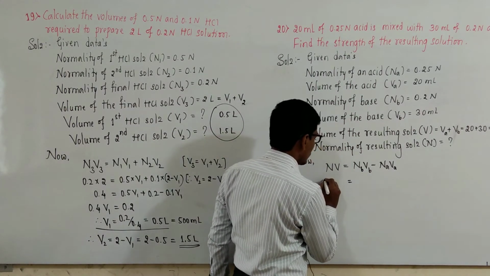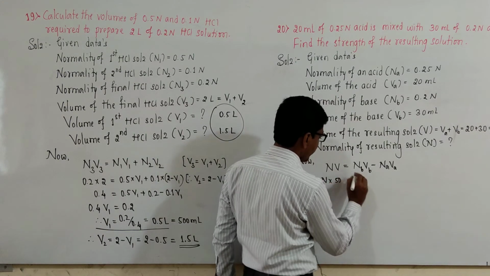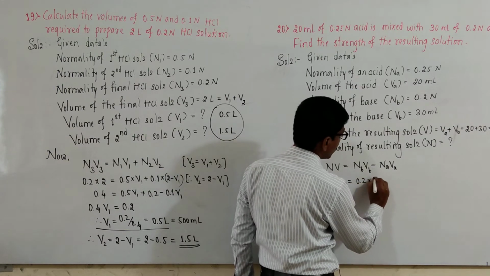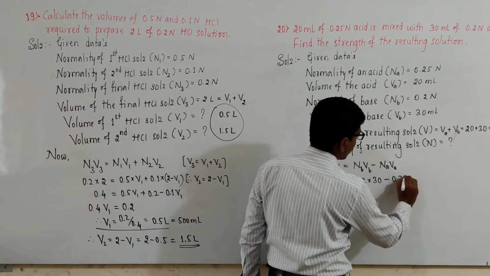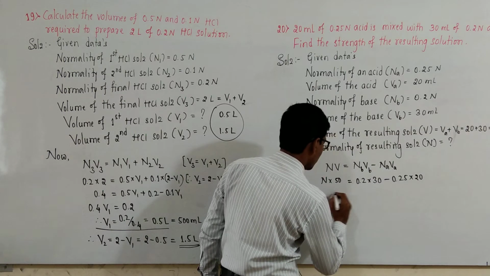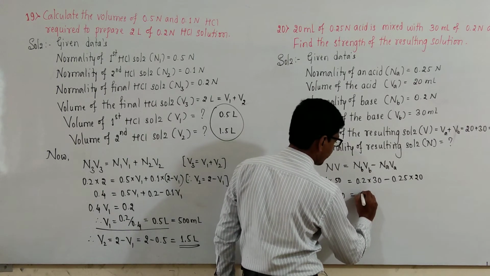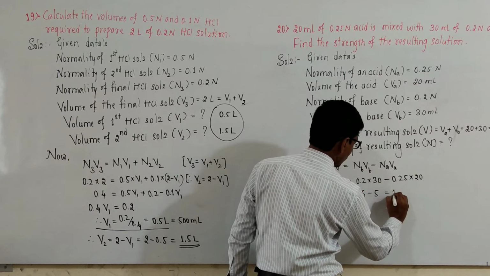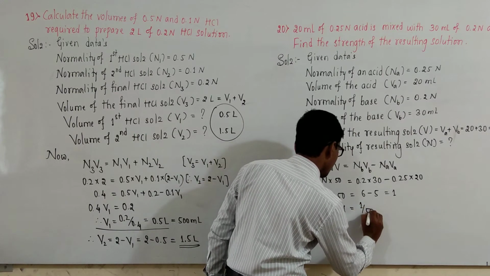This is equal to N into 50. Nb is 0.2 into 30 minus 0.25 into 20. N into 50 is equal to 6 minus 5, which is 1, and N is equal to 1 by 50.